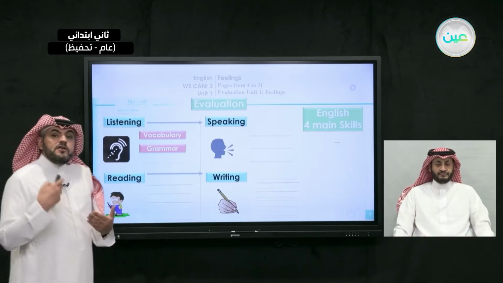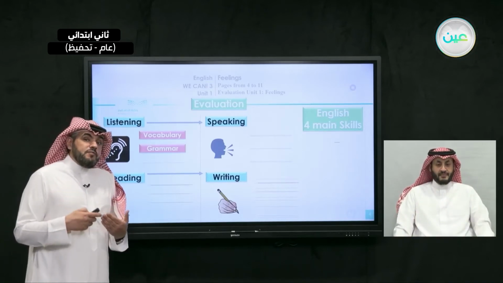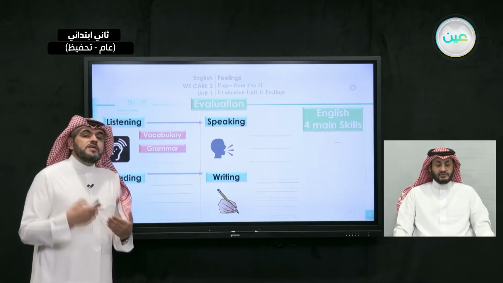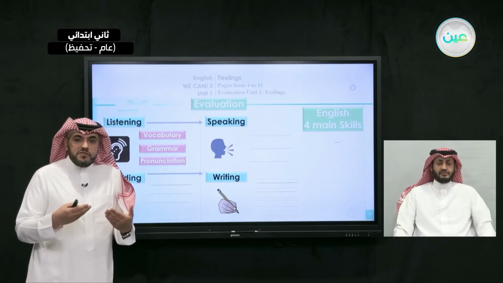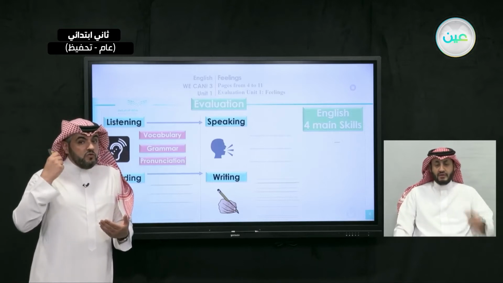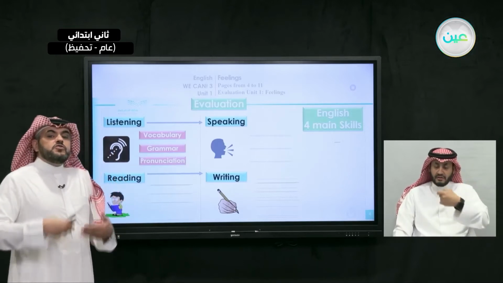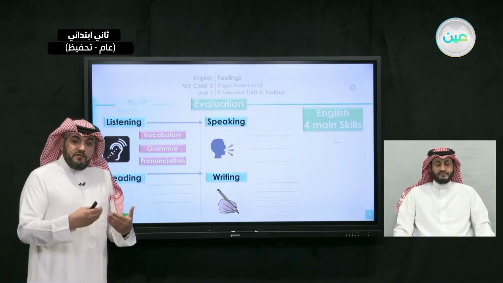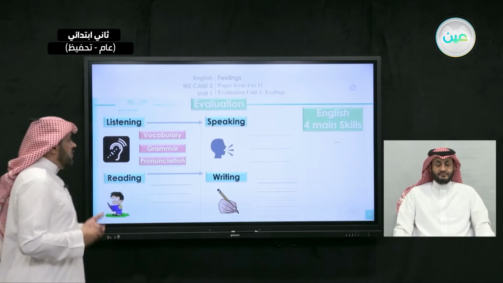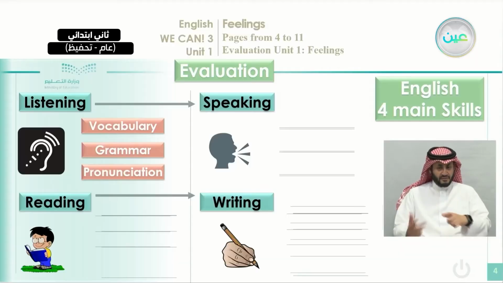Also in listening, you get something very important, which is pronunciation. By pronunciation we mean how to say words. If you listen very well to words, that will affect your ability to speak later on, and will make your speaking influential and good. Okay, so these 3 skills, vocabulary, grammar, and pronunciation, you get them from listening.